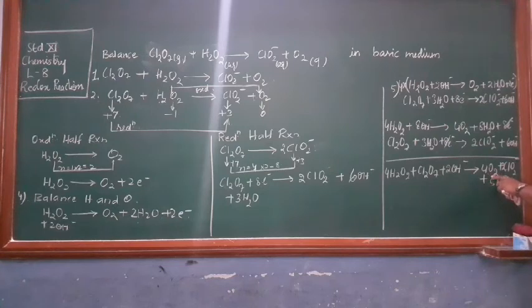You have 4 into 2, 8, 8 plus 4, 12, 12 plus 5, 17. ठीक है. Charges, you see how many charges you can see here? You have 2 negative charges, here also you have 2 negative charges. Okay, Cl भी 2 है इधर, so that is also balanced. So all the atoms, all the charges are balanced here.